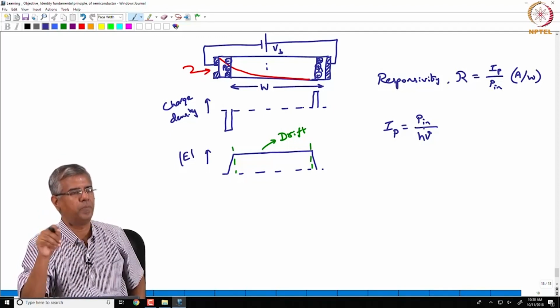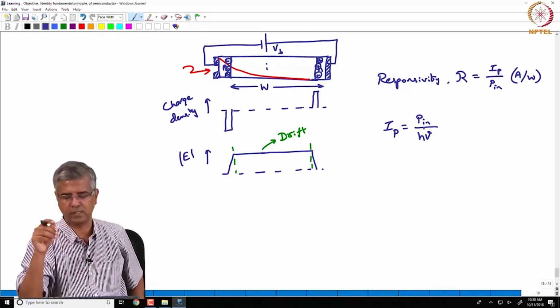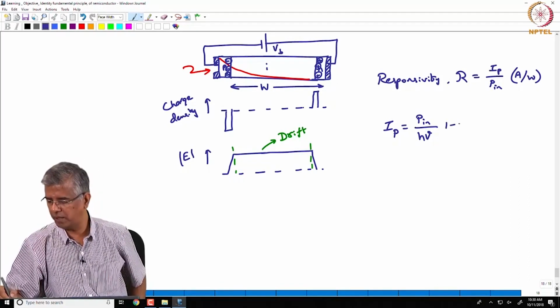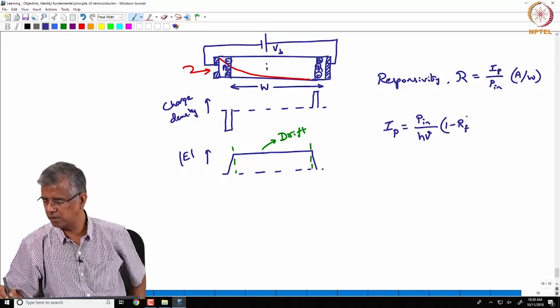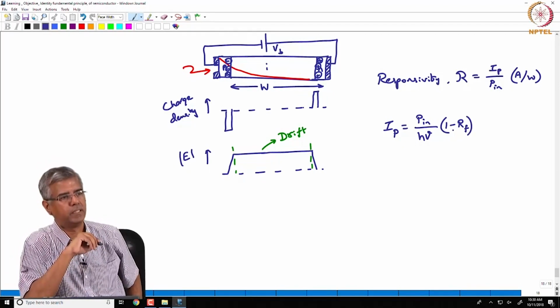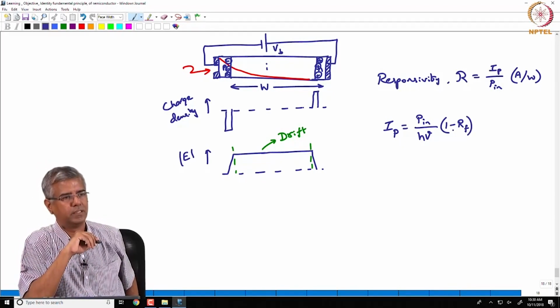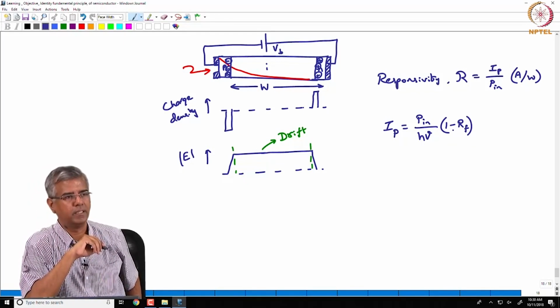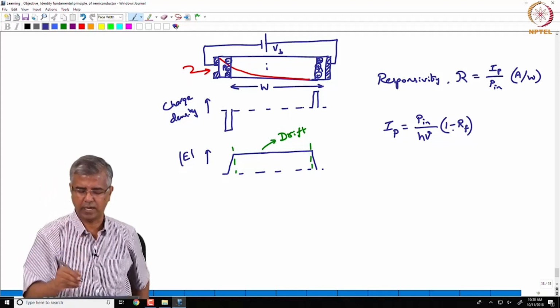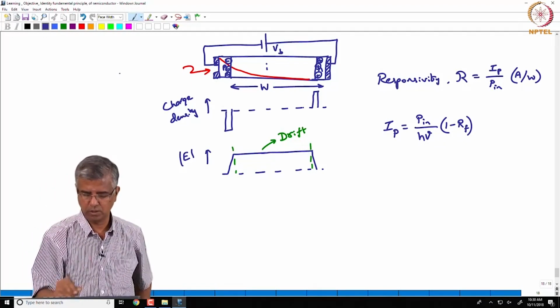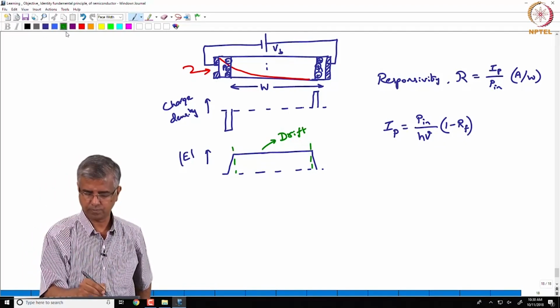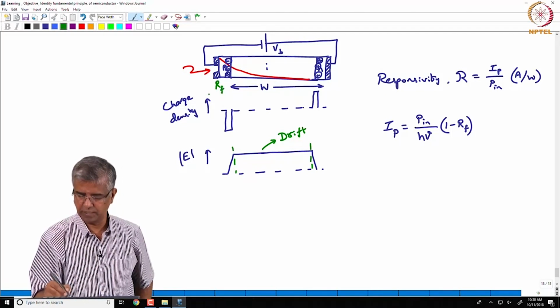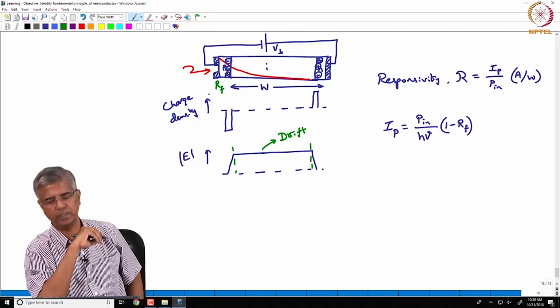So, you are coming from air into a high index material. So, you are going to have certain losses due to reflection at the surface, right. Let us say RF is the reflectivity at the facet, so RF corresponds to the reflectivity at this facet over here.